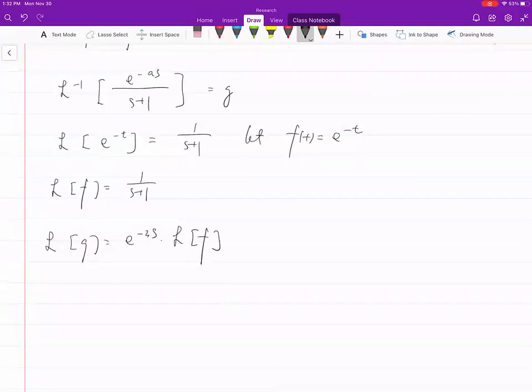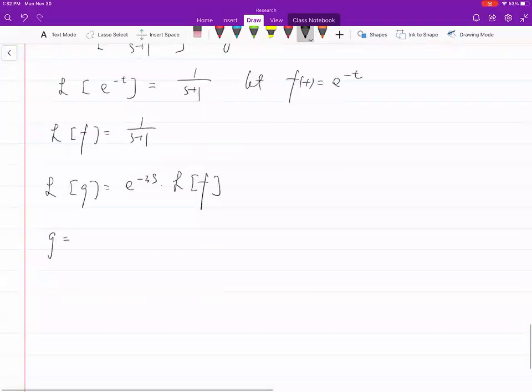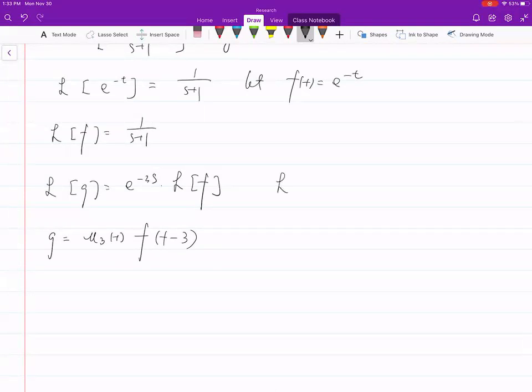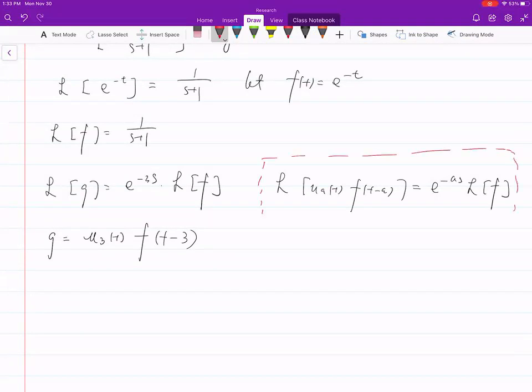Like we just said, g will be nothing but u3t ft minus a. This comes from the fact we just proved, a shift.